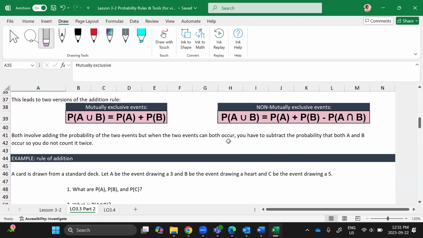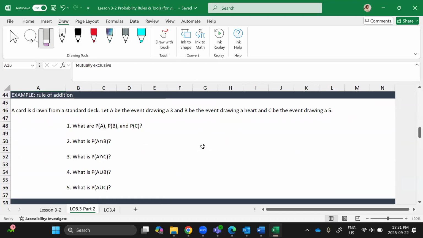Okay. So let's do some examples that will use the rule of addition to help us practice. So a card is drawn from a standard deck. Let A be the event drawing a 3, B be the event drawing a heart, and C be the event drawing a 5. So first, what are the individual probabilities of the events?